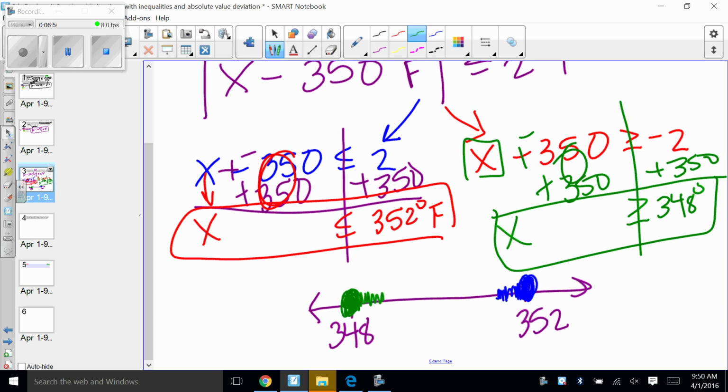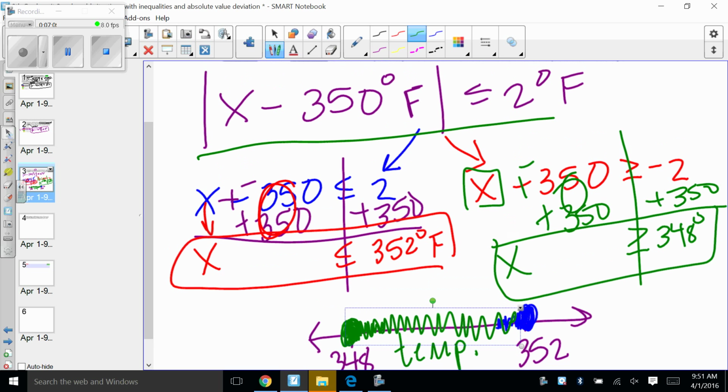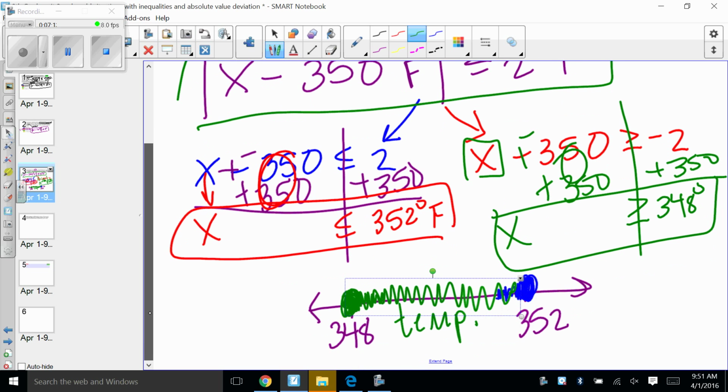So we are going to accept the range of temperatures for our oven, for our perfect pizza, between 348 and 352. Notice the closed circle at 348, as well as the closed circle at 352. We will accept both of those as tolerable pizza temperatures. So there is our graph. So it's a 3-point problem: one for the setup, one for the equation work, and one for the graph.